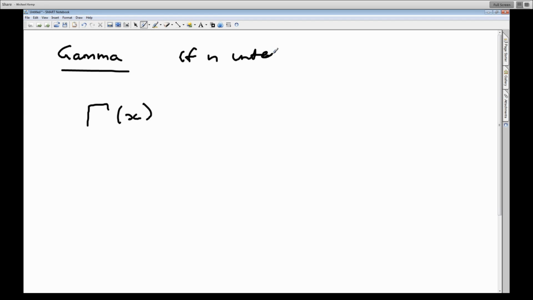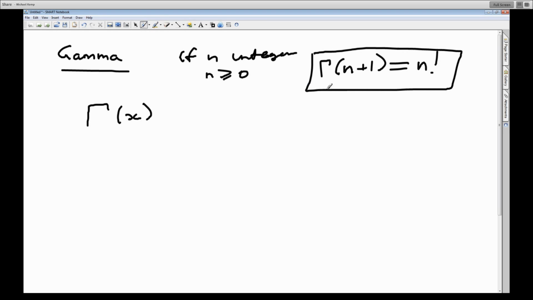So if n is an integer, and let's make it greater or equal to 0, then gamma of n plus 1 is equal to n factorial. So that's the basic idea. So the gamma function really is just a factorial function, generalized so that it's defined for as many values as you can possibly have essentially.